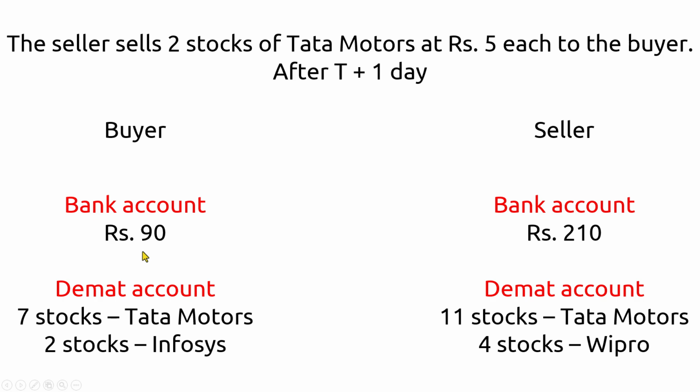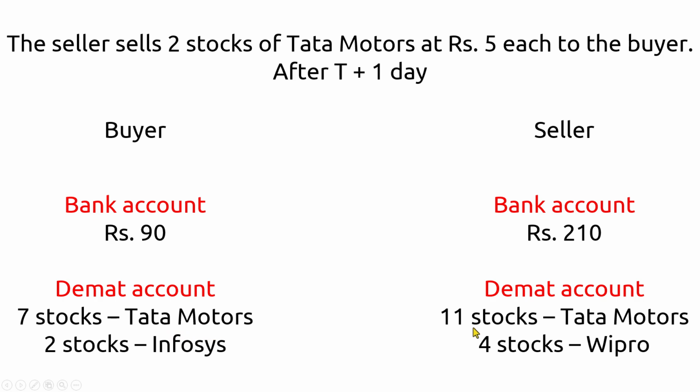Alright. Now, in the Demat account of the buyer, it says that he has 7 stocks or shares of Tata Motors. Previously, he had 5. He bought 2 now and so he has 7 stocks of Tata Motors.